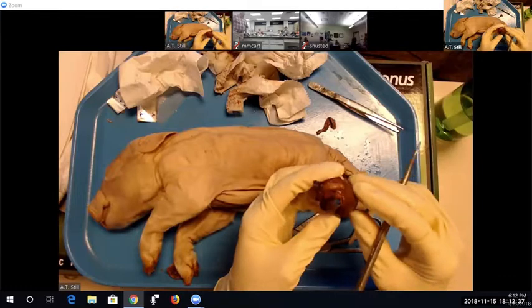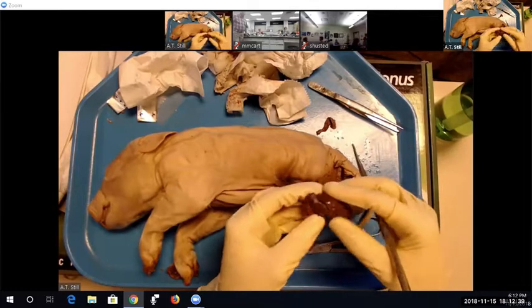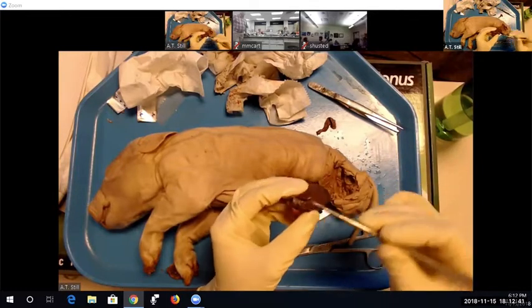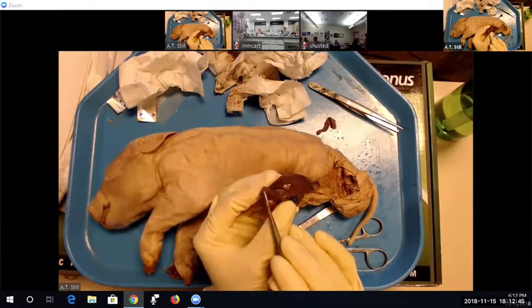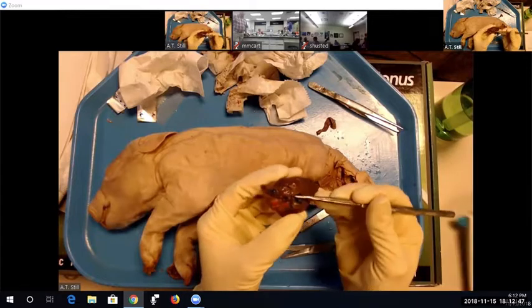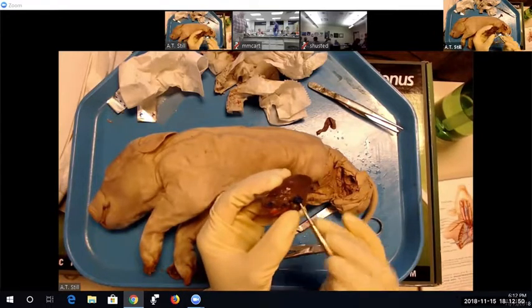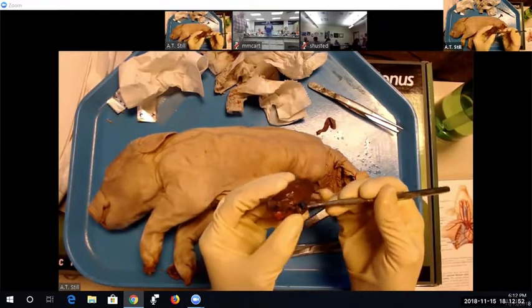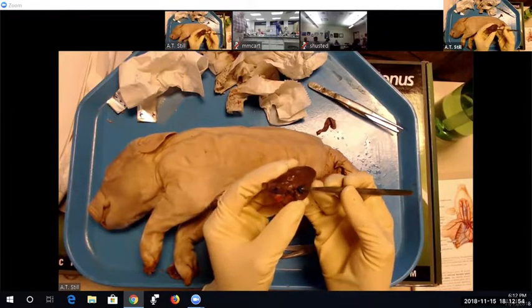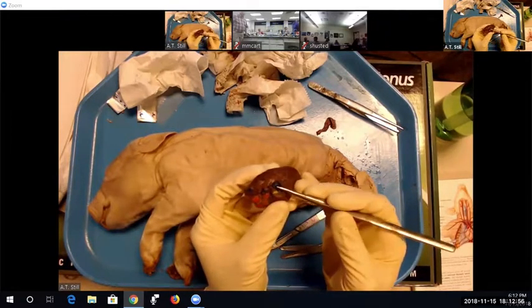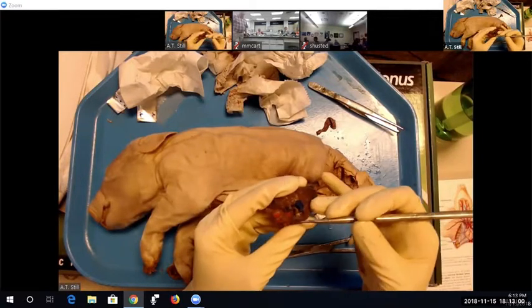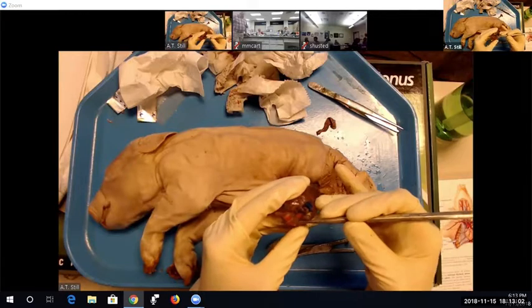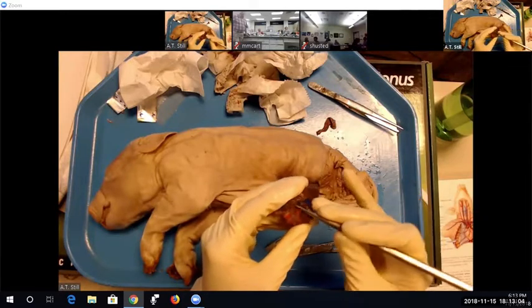And then if we turn the heart to the back side, you can see this blue vessel coming into the right atrium here. This is the superior vena cava. The large blue vessel coming into the bottom part of the right atrium is the inferior vena cava. And then you can see all of these red and blue vessels back here that are connecting from the heart.